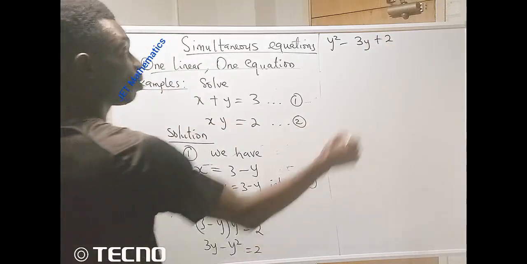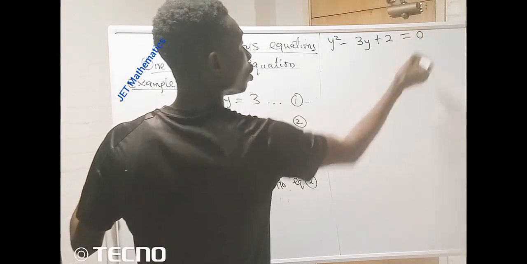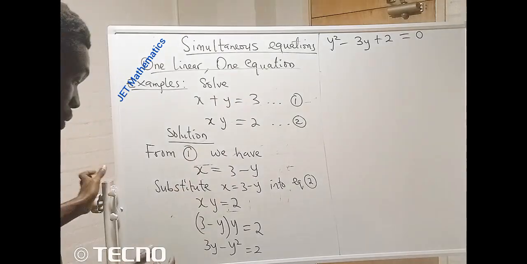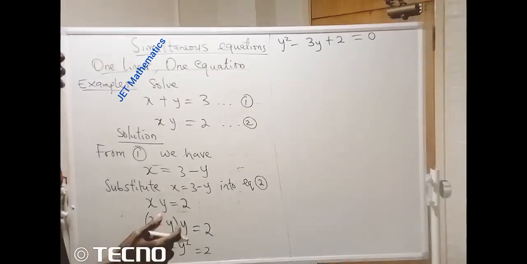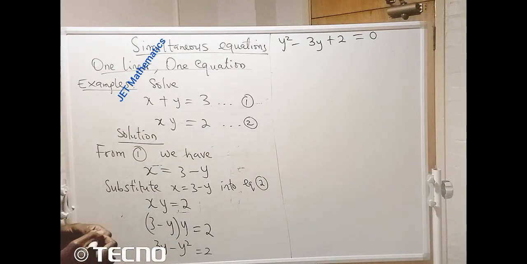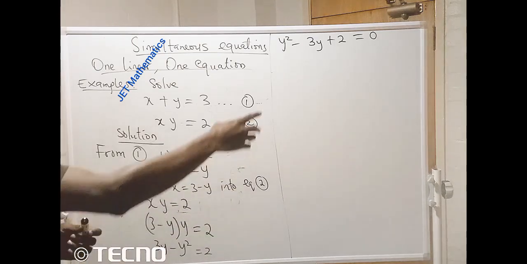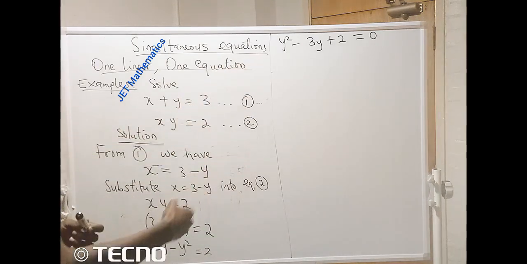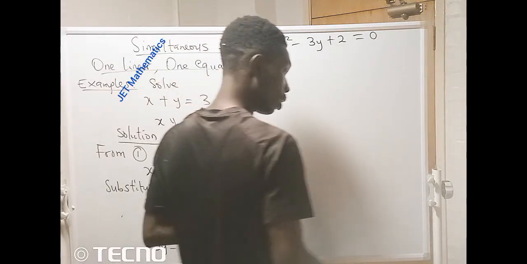Then nothing is left here, so it's equals to 0. So that's the quadratic equation. We are going to solve this quadratic equation and then we'll be able to tell the values for our y and then for our x. So let's see that now.